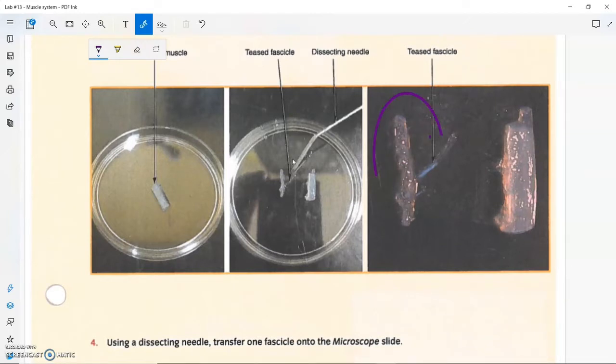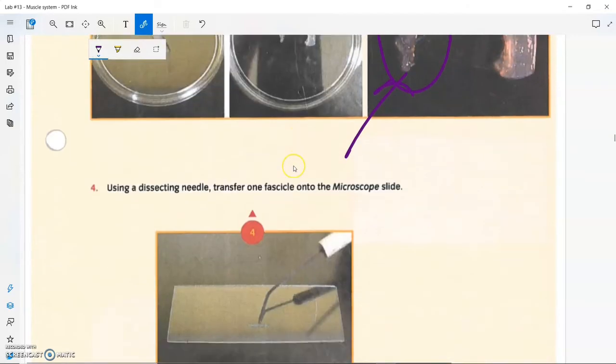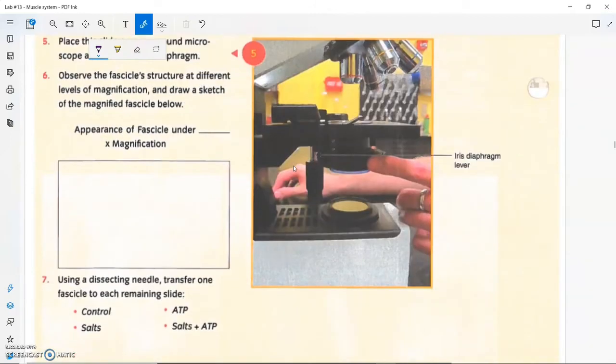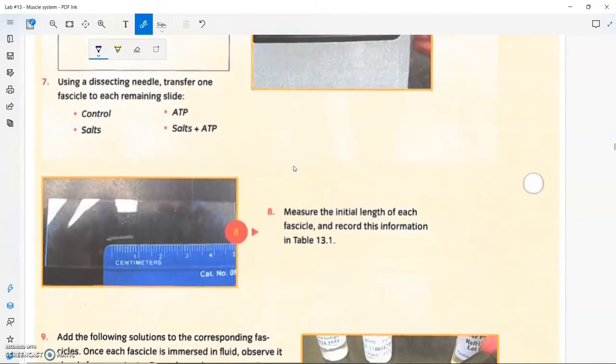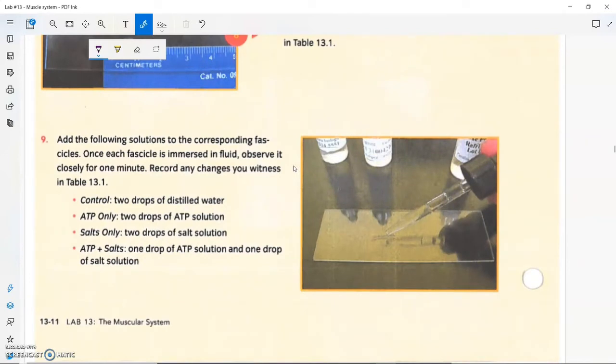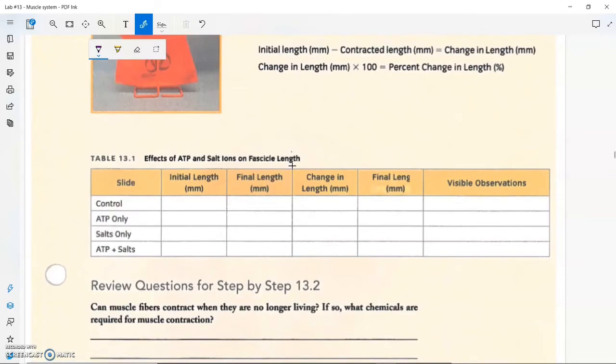We would tease a fascicle right here, and we would add salts. We would measure before adding reagents. We would have 4 experimental samples: the control sample, which would receive only water, the sample with ATP, sample with salts, and sample with ATP and salts.